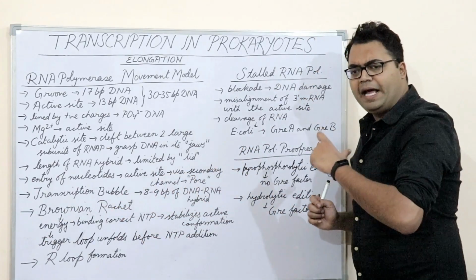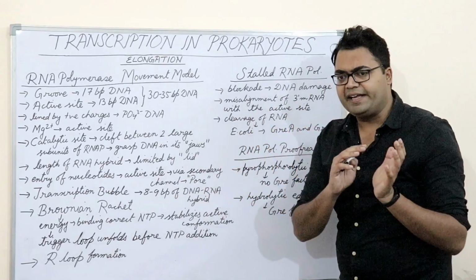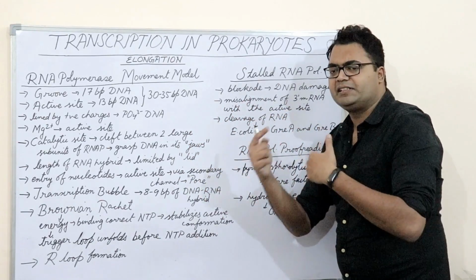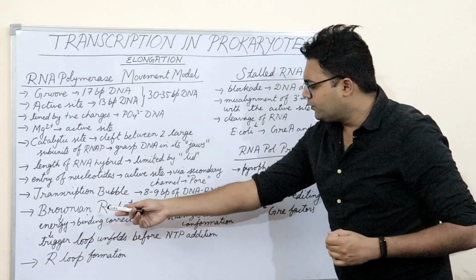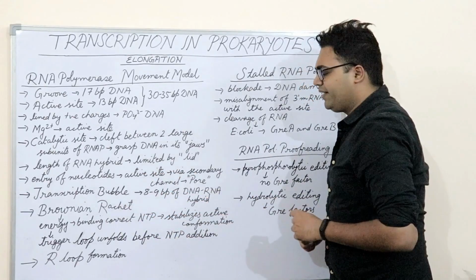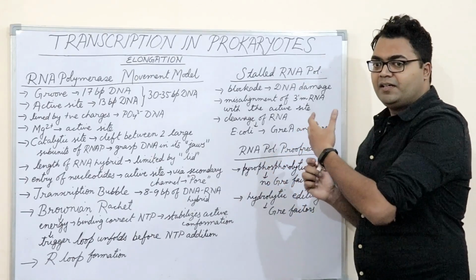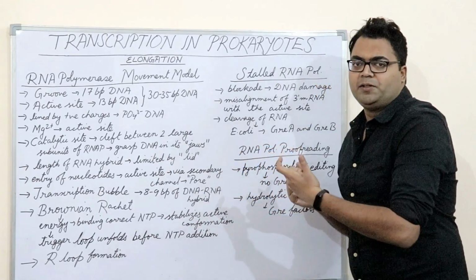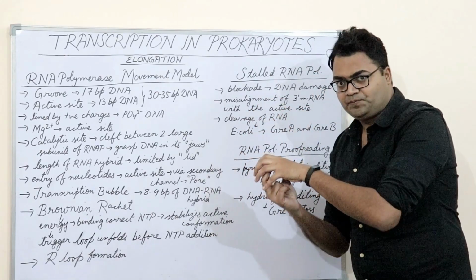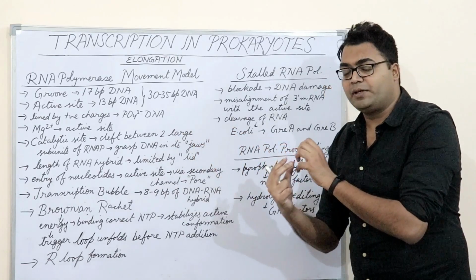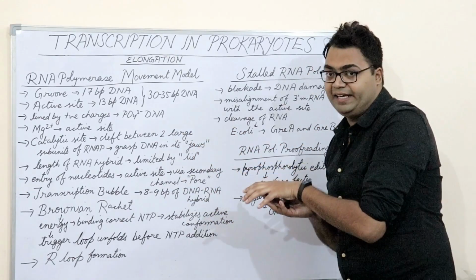Now, how does it all happen? How do you add nucleotides and then add nucleotides again? How does the cycle keep on continuing ceaselessly? So we have something known as the Brownian Ratchet mechanism. This is the most accepted mechanism in research, which describes that the RNA polymerase must bind with the incoming substrate, the NTP, and also with the template strand of the DNA.